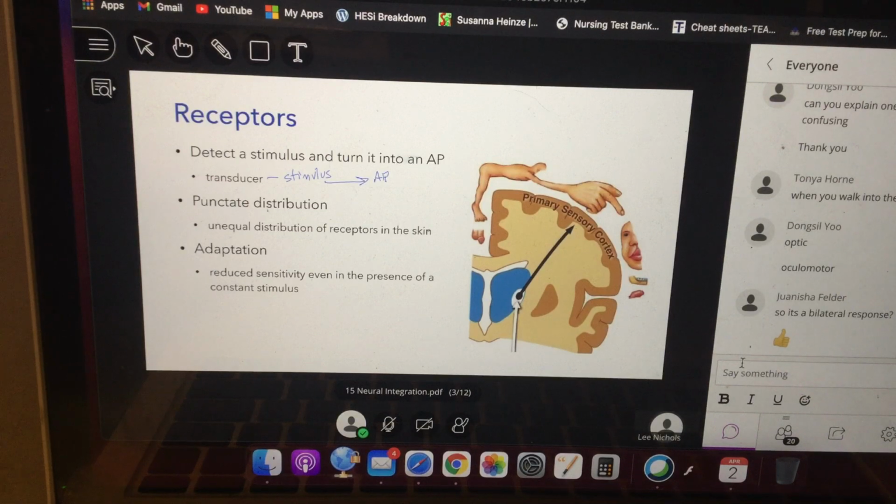That's what a transducer is. And they're not evenly distributed all over the body. They're unequal.